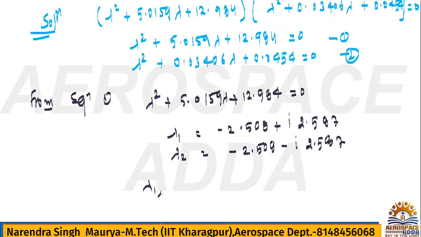So the roots lambda 1,2 are minus 2.508 plus or minus i 2.587.